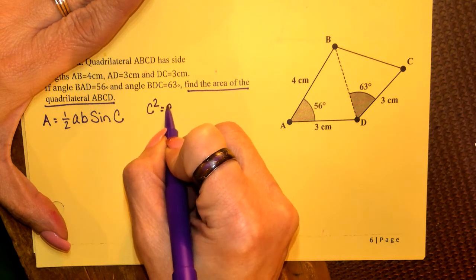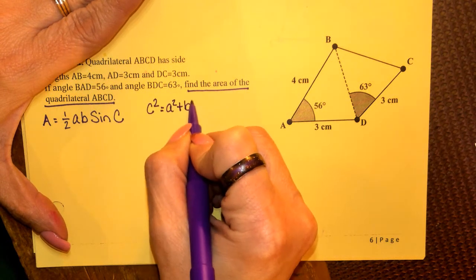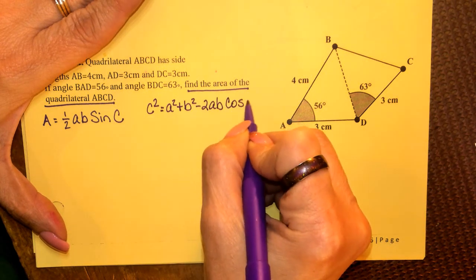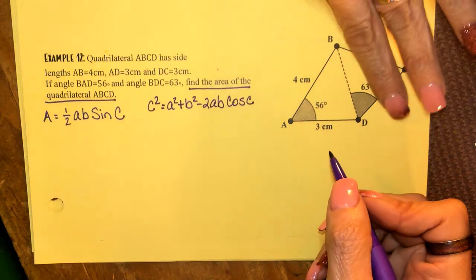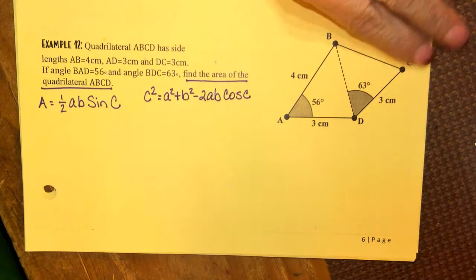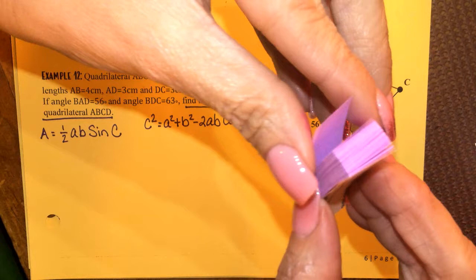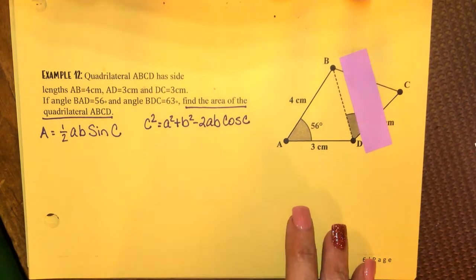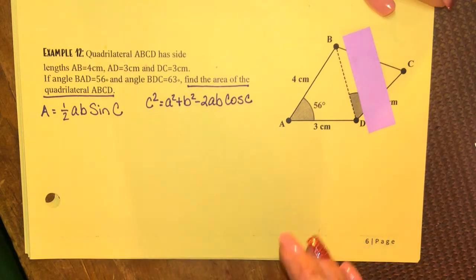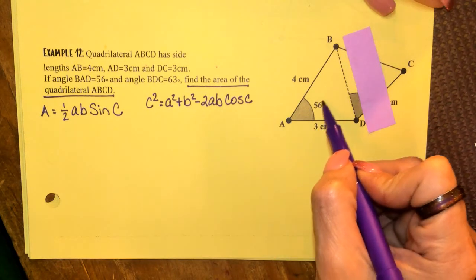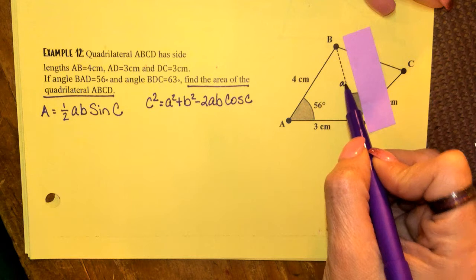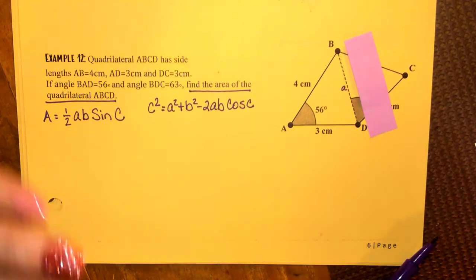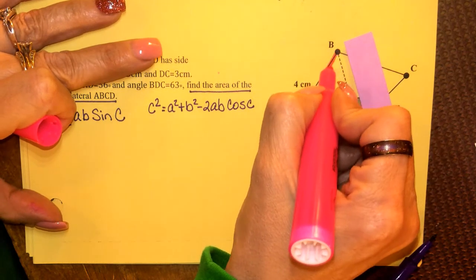So c squared equals a squared plus b squared minus 2ab cosine of C. I'm just going to look at this one right here, okay? I want to find something to cover this up because it confuses me when I can see all that mess. Okay, that's better. So across from the angle right here, I'm just going to call that a. I'm going to ignore this because it's easier for me when I highlight it this way.